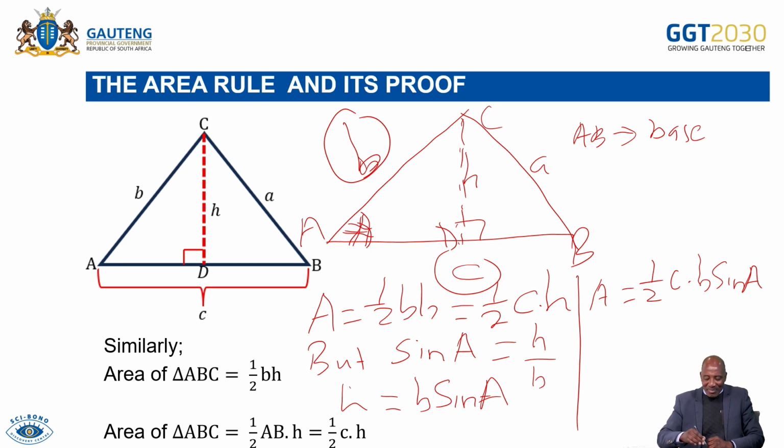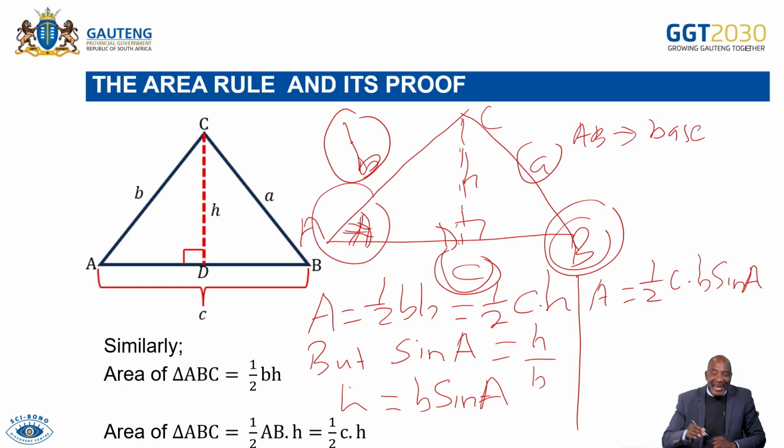So when you have b and c, the angle becomes A. When you have a and c, the angle becomes B. You can still do the same from the B side. Apply sine B, you'll get opposite over hypotenuse. This time it will involve a. You'll find that when you have a and c, the angle will be B. When you have b and c, the angle will be A.